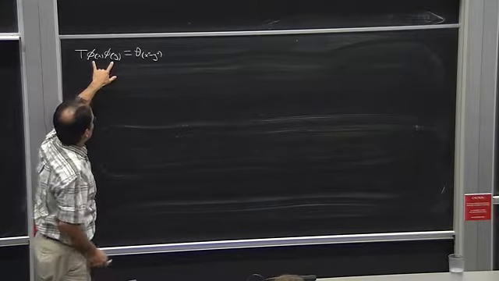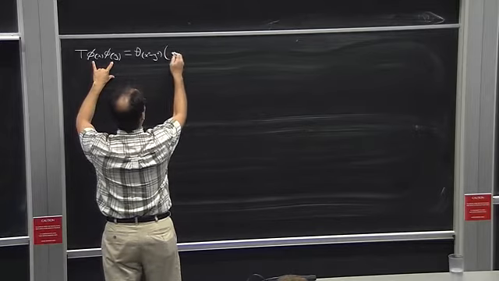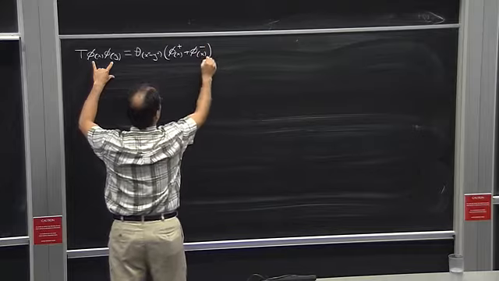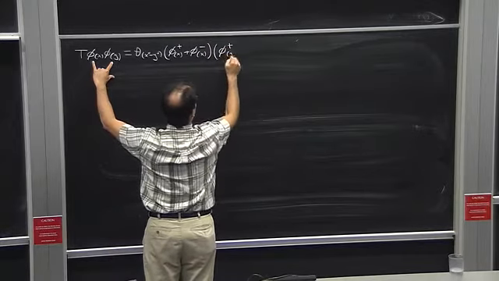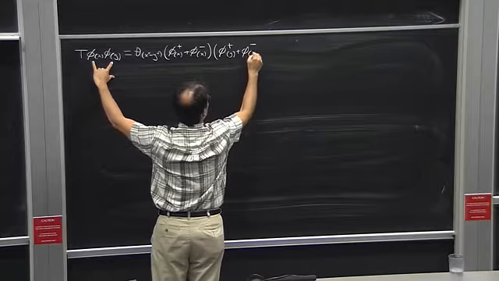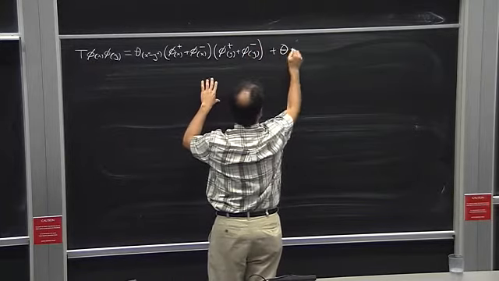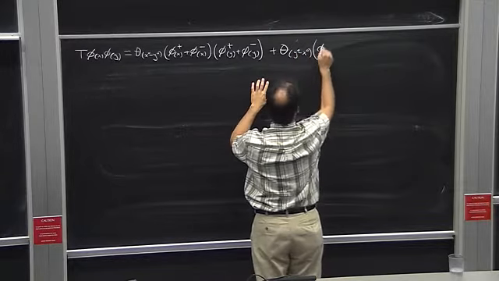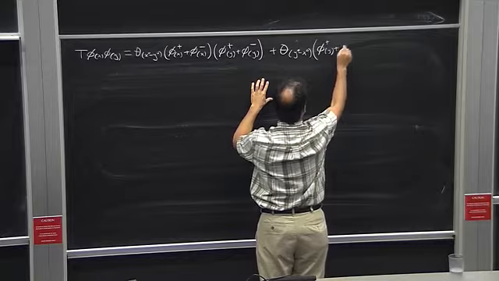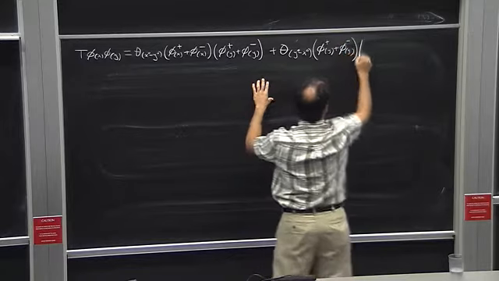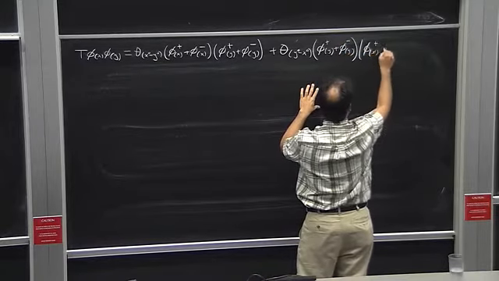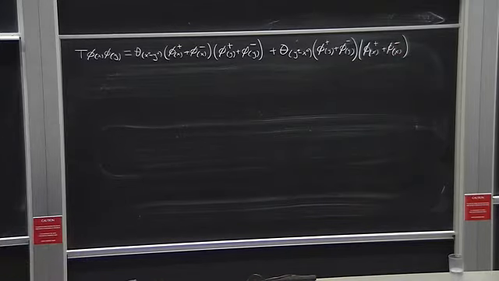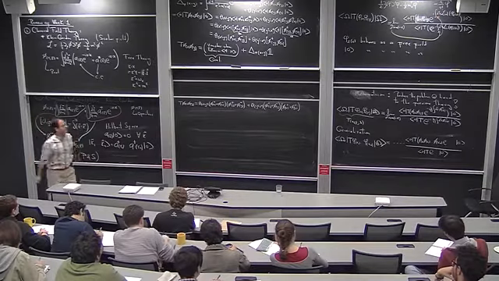Now the time ordering tells us that this time we're going to have phi of x plus, phi of x minus here, phi of y plus, phi of y minus here, times this object here. Okay? So let's go ahead and compute it.